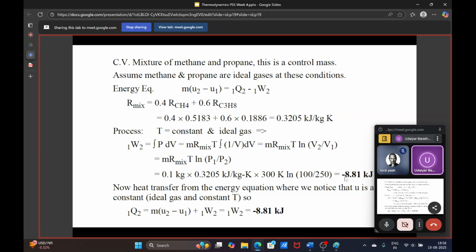And this is negative because the work is being done in compressing the gas. Since it's a constant temperature, U2 minus U1 will be 0. So Cv delta T will be 0. So your Q will be equal to the work done. So your Q is minus 8.81 kilojoule.